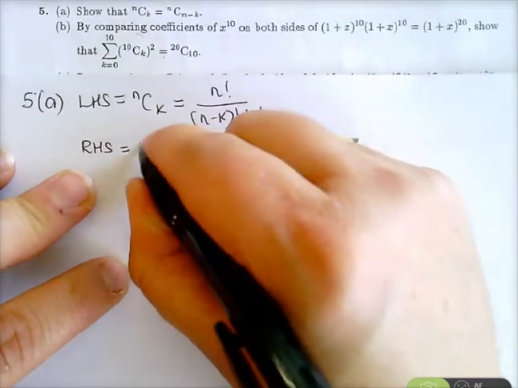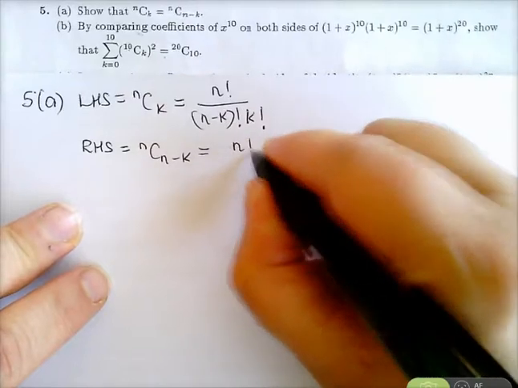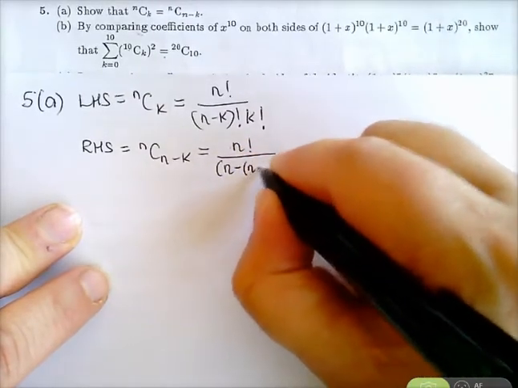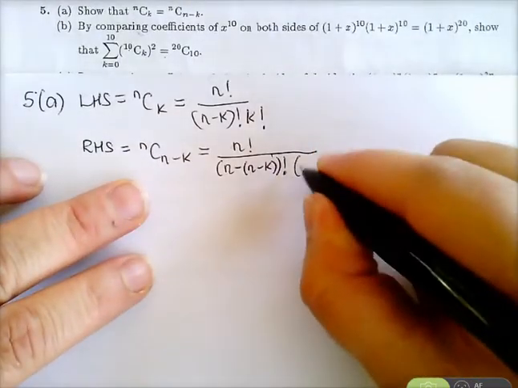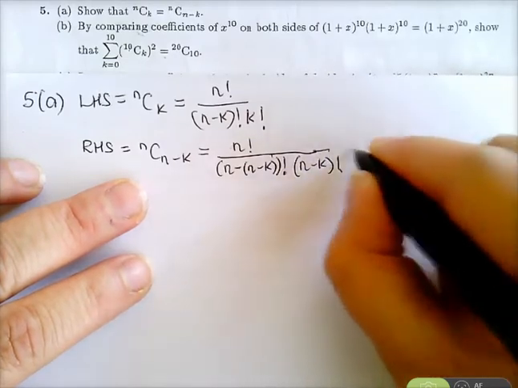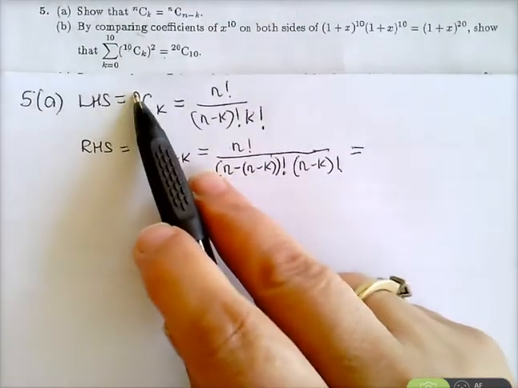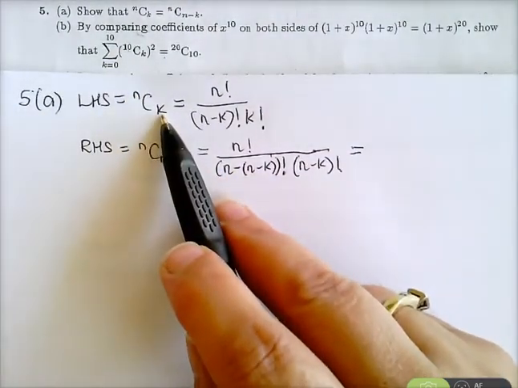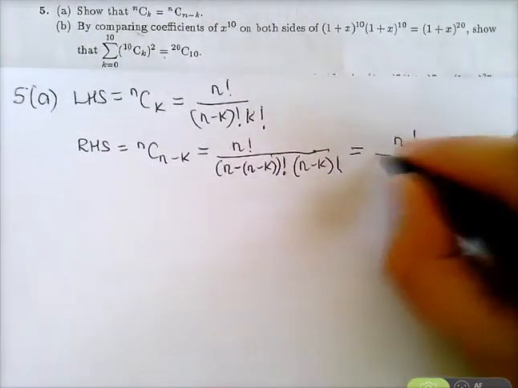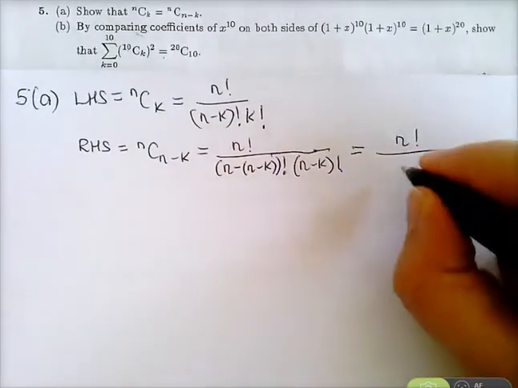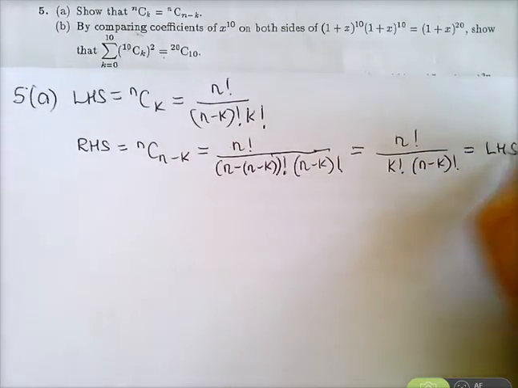Equals nC(n minus k), which is n factorial over (n minus k) factorial times (n minus (n minus k)) factorial. It's always that over that minus that, times factorial times that factorial. So that is n factorial over (n minus n plus k), which is k factorial times (n minus k) factorial. That equals the left-hand side.